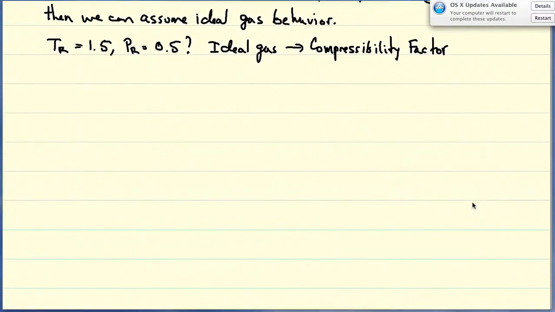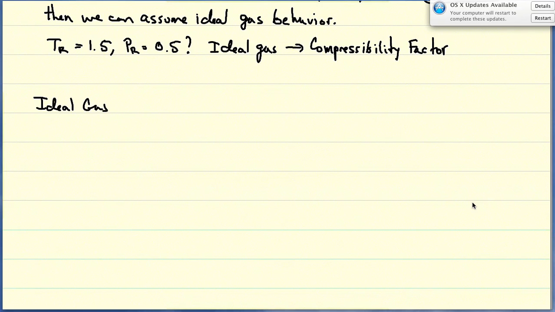So now that we've got this idea about what an ideal gas is and how we can make an assessment if we can assume ideal gas behavior, now what do we do? Like what are the actual nitty-gritty details of ideal gases? Well, ideal gases all follow the same behavior when it comes to the relationship of pressure, temperature, and specific volume, right?